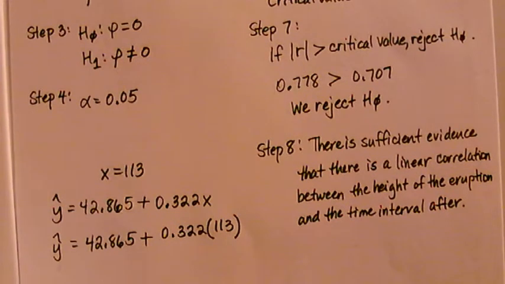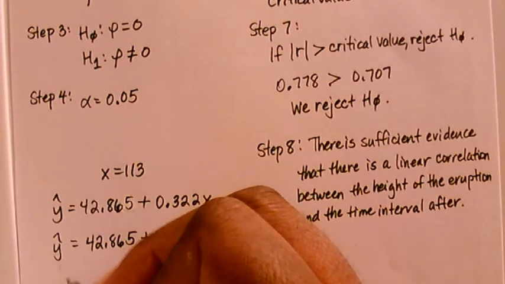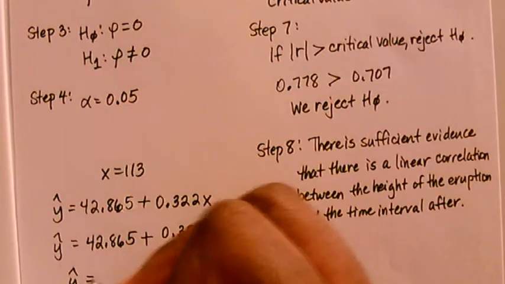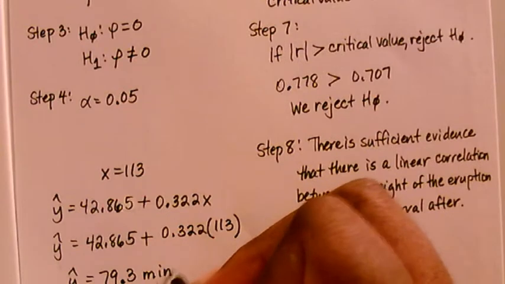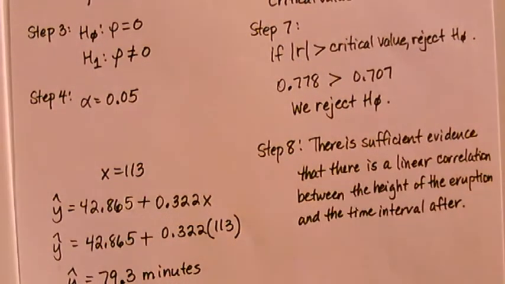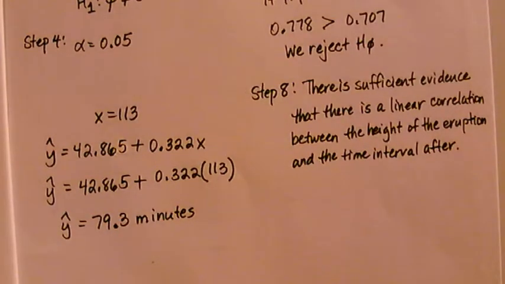So in this case here, if you do 42.865 plus 0.322 times 113, you should get, for y hat, 79.3, and this is going to be in minutes. So in this case here, the best predicted time of the interval after an eruption, given that the current eruption has a height of 113 feet, is 79.3 minutes.